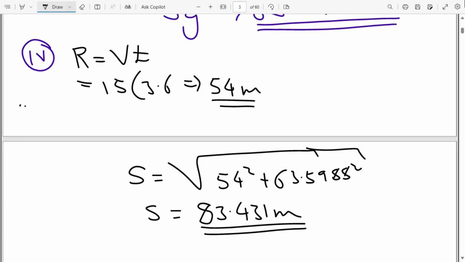So that is the maximum displacement of this particular ball, which is projected from the top of the cliff, 63.5988 meters high above the ground. And that, ladies and gentlemen, is all about question 2.